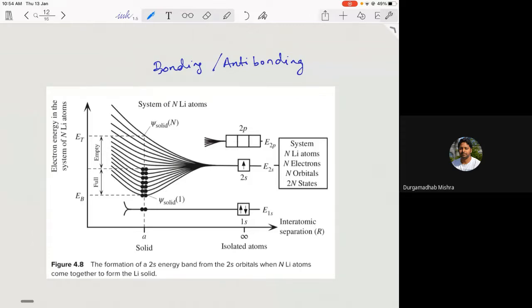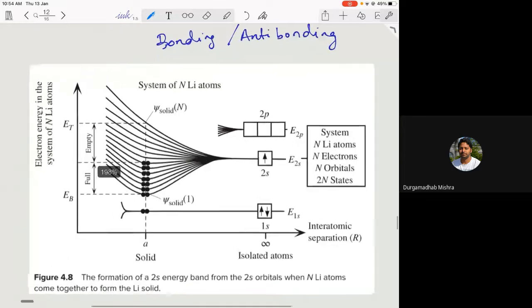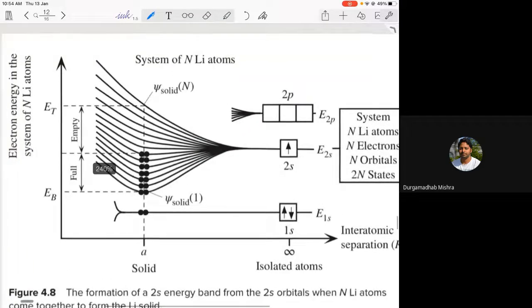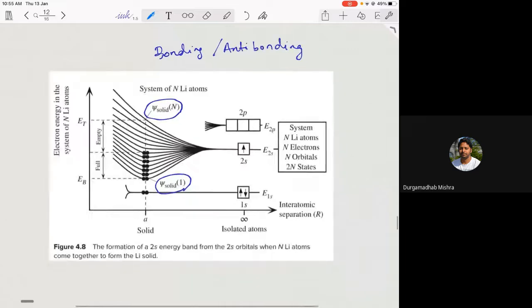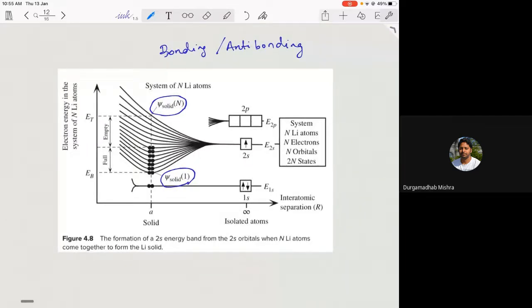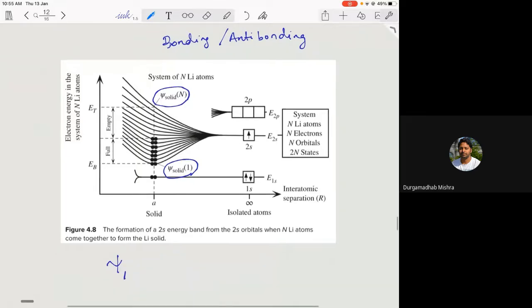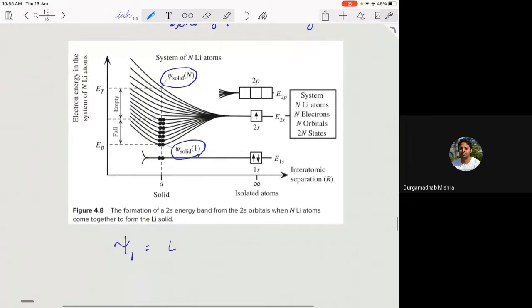Here we are designating it with a wave function psi 1. So we call psi 1 up to psi n. And it will again be some linear combination of the atomic orbitals in terms of wave function. So psi 1 will be a linear combination.